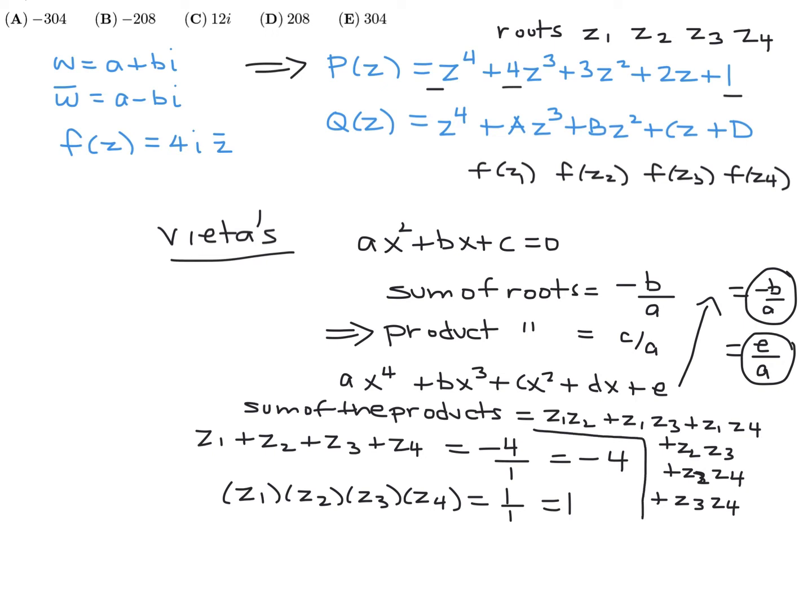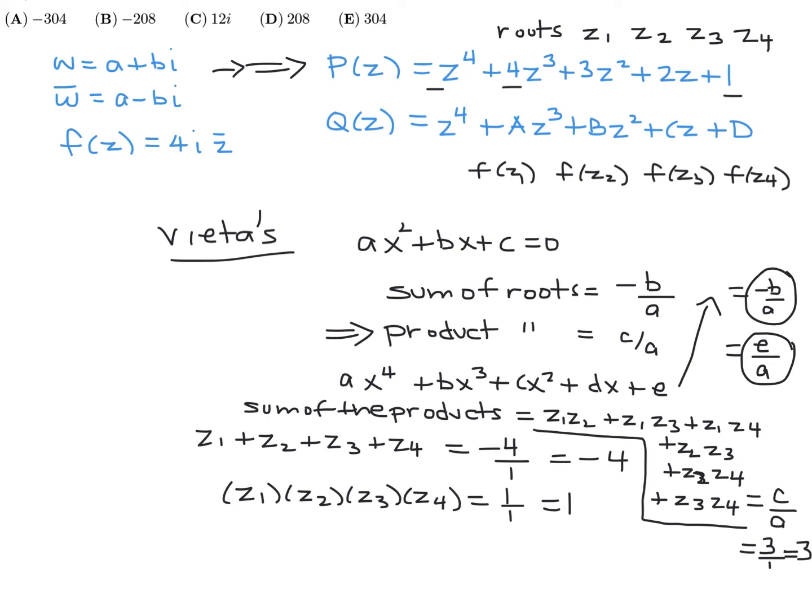So this is what's known as the sum of the products. And that also can be calculated with a nice formula, c over a. So in our case, c over a would be what? For the guy up here, 3 over 1, which is just 3, of course.